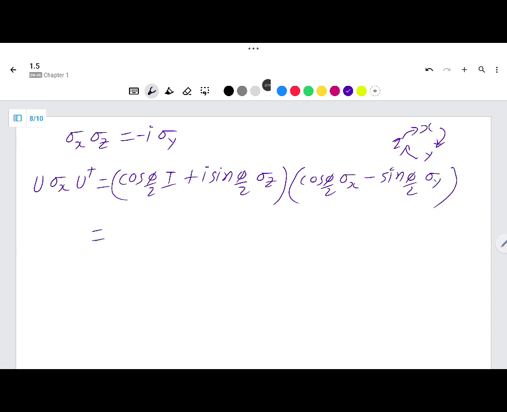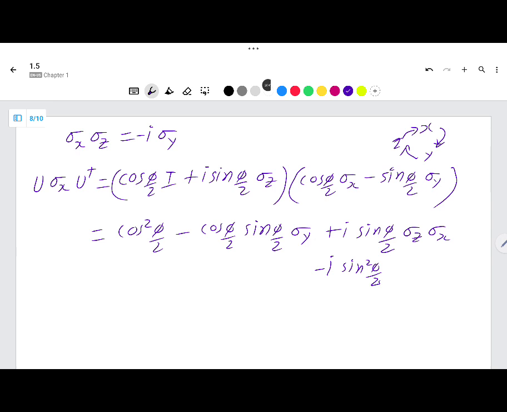Okay, so now again there is cos square pi by 2, there is minus cos pi by 2 sin pi by 2 sigma y, plus i sin pi by 2 z sigma x, plus i sin square pi by 2 sigma z sigma y.